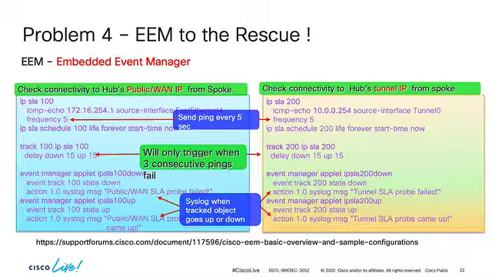And if it loses 3 consecutive pings, it's going to trigger this EEM script, wherein it'll log a message which says that the tunnel SLA probe failed, or public WAN SLA probe failed. So in this way, we get to know what exactly is happening.